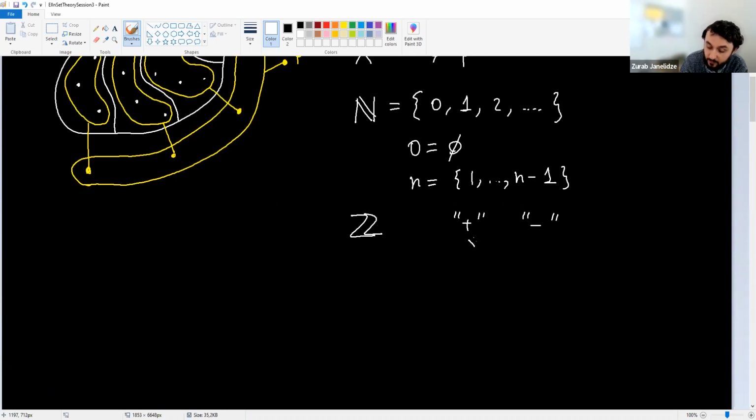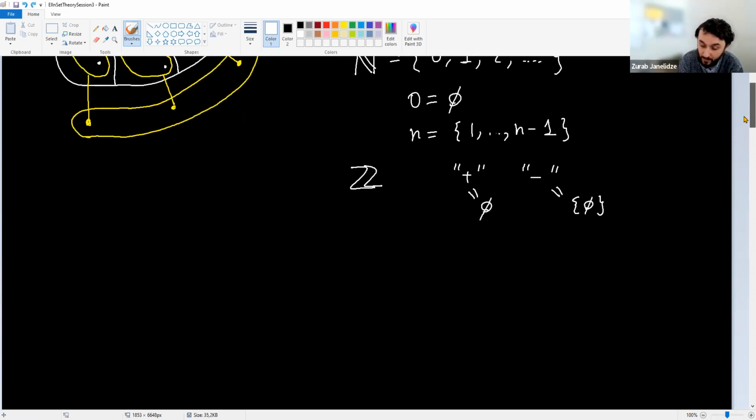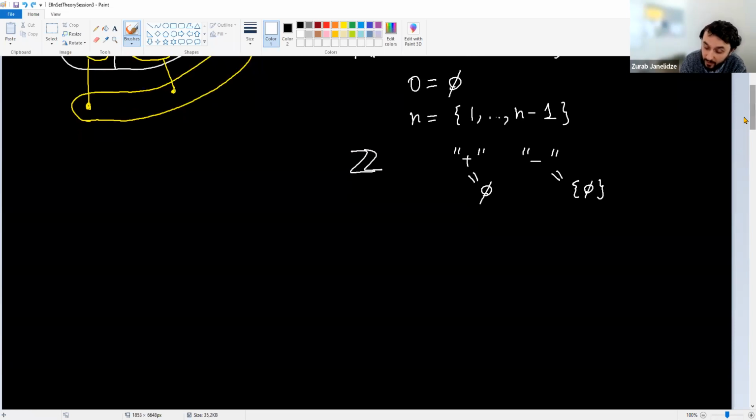For example, plus could be the empty set, and minus could be the set whose only element is the empty set, which, by the way, according to our definition, is actually number 1. But we don't have to think of that as number 1.